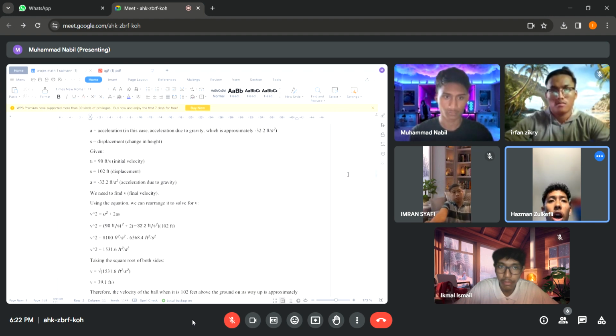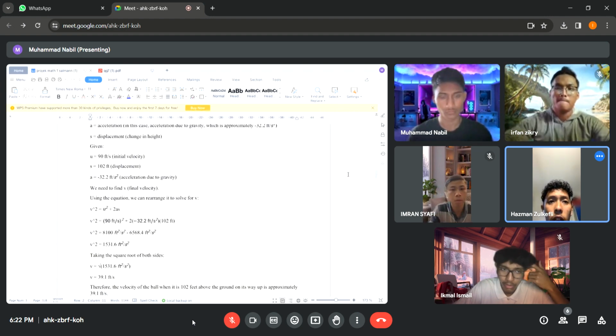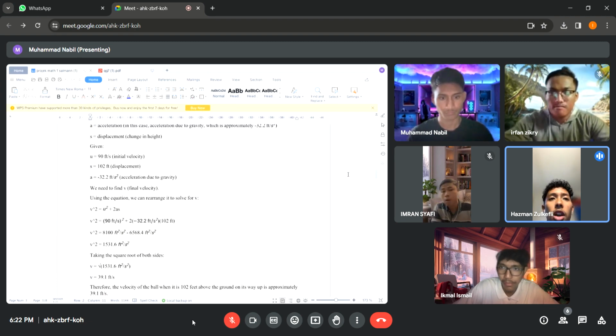So we have the information to insert all the values into the equation: u is equal to 90 feet per second for the initial velocity, s is equal to 102 feet displacement, a is equal to negative 32.2 feet per second squared.